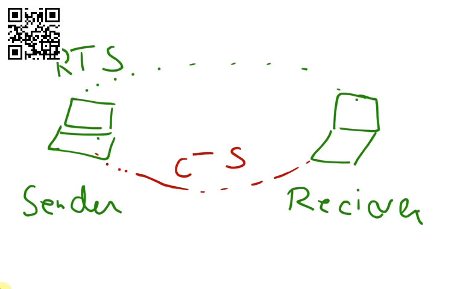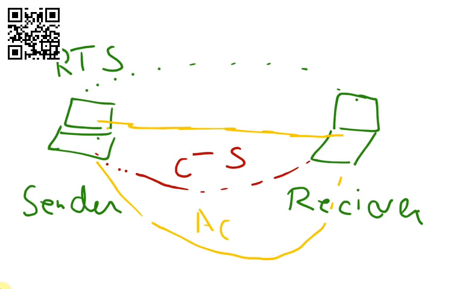So it tells the sender that it can send the data, and the sender then sends the data. And once the data is received, the receiver sends the acknowledgement that data has been received. So this is how wireless based networks operate.